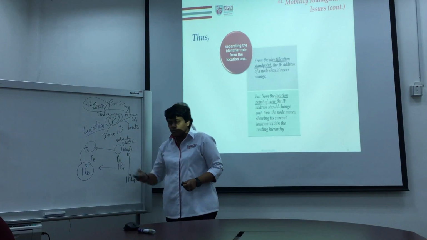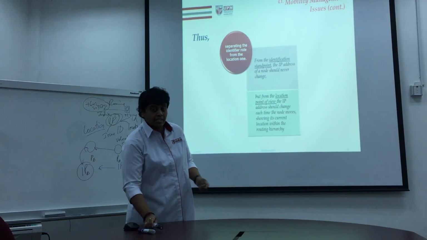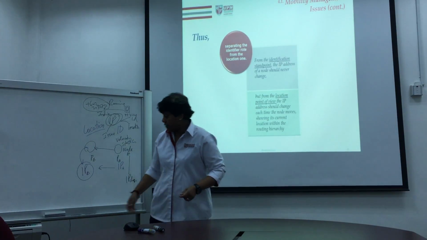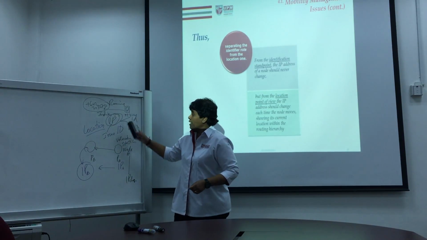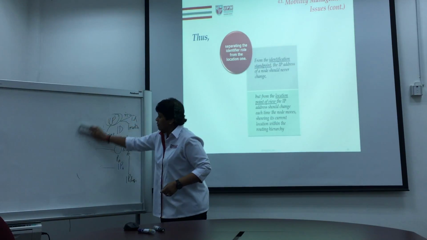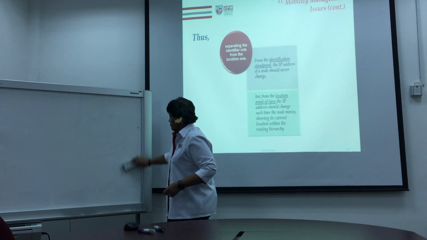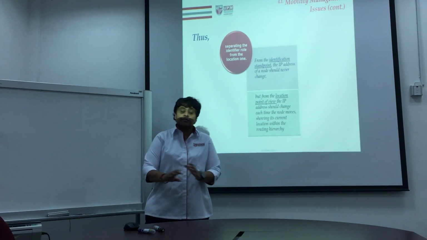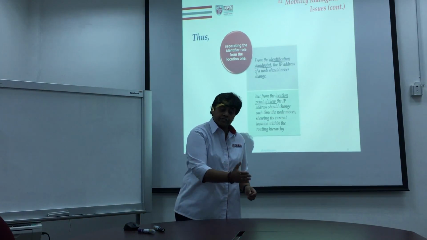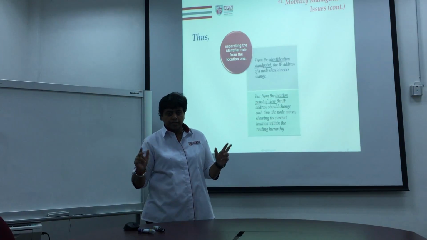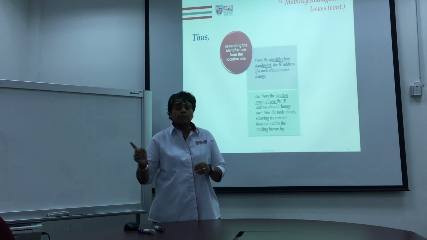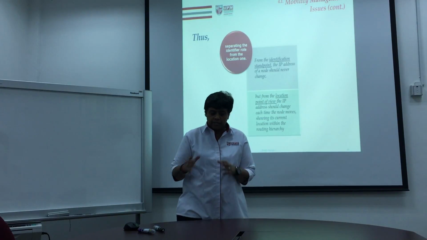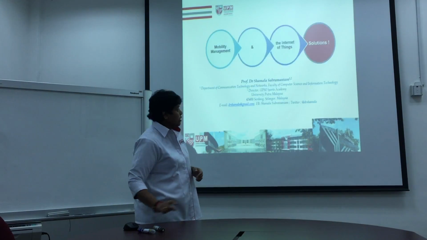In resolving this issue, many solutions have been proposed, and we'll go through some of them. Basically, when a node moves, the IP changes, and this is called a mobile IP, that means an IP that is associated to a moving node.